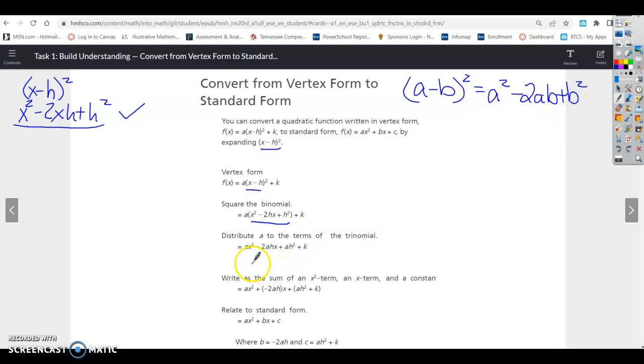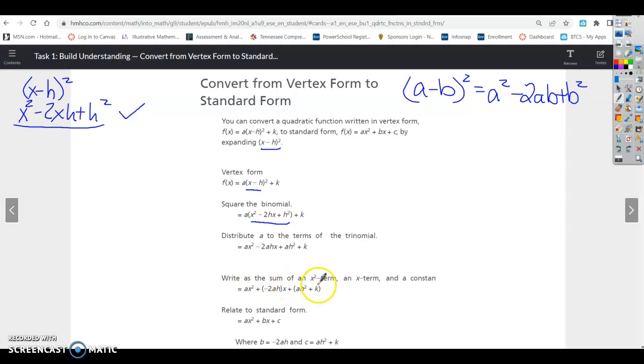So you're going to see that this ax squared comes from right here. And then a times negative 2ahx, that comes by multiplying the middle term. And then a times h squared comes from multiplying it by the last term here. So this is just multiplied out from this expression here. All right, and then you still have your k, so don't forget that. Make sure you bring that down as well.